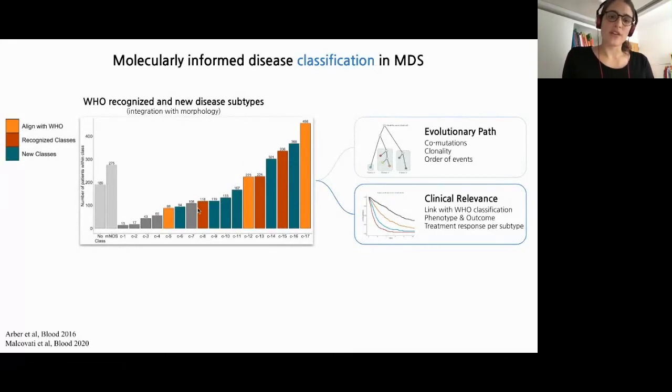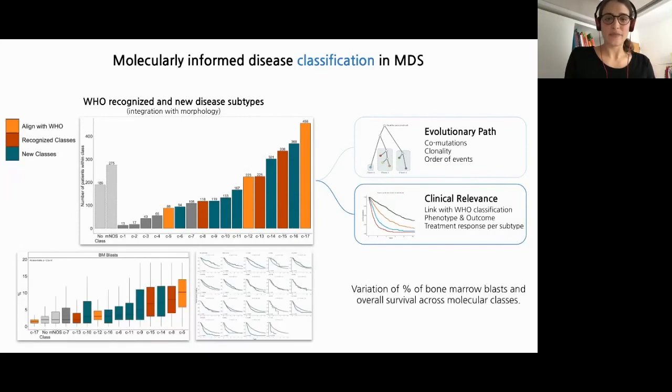But most of the others are new classes that involve a high number of gene mutations, 3 to 4 on average, and are defined based on the pattern of co-mutation and mutual exclusivity. And so, importantly, those classes have clinical relevance, both in terms of clinical presentation and outcomes.